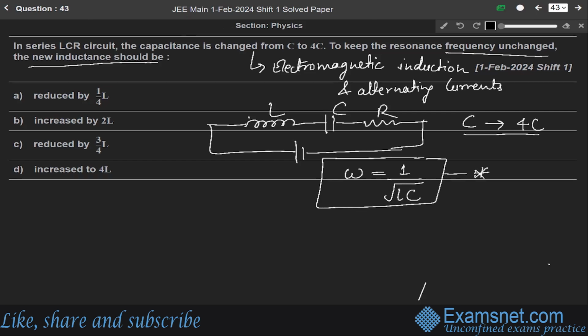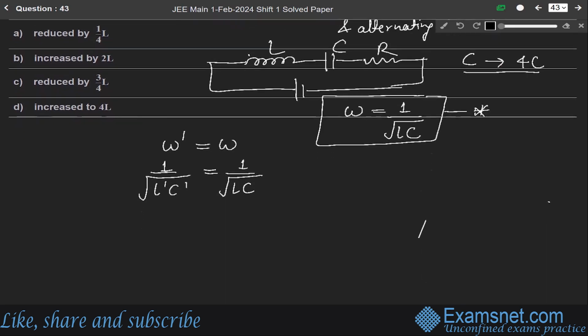According to the question, the resonance frequency should be unchanged, meaning omega dash must be equal to omega. It means 1 over under root of L dash C dash must be equal to 1 over under root of LC. Squaring both sides, we get L dash C dash equals LC.